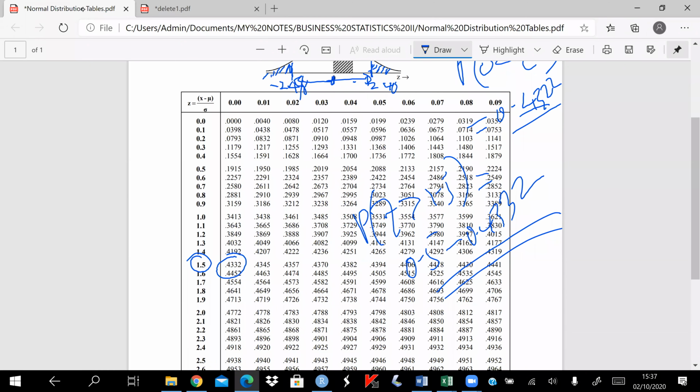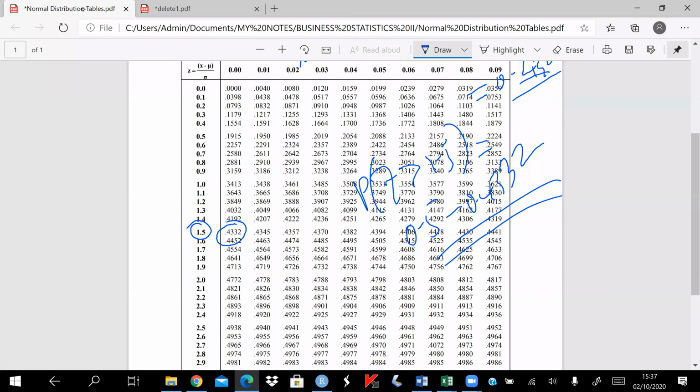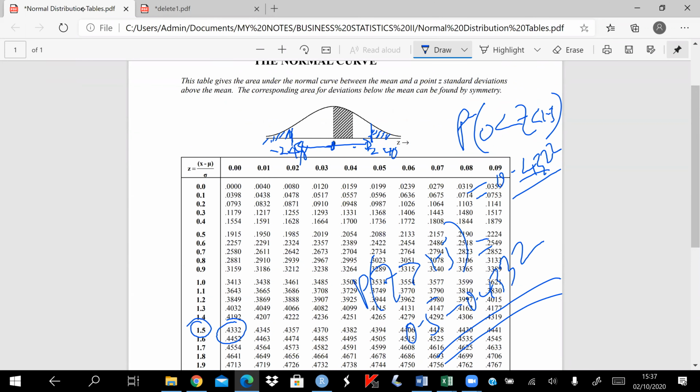So 2.48 is this much, which is 0.4934. The unshaded part from here up to here is that area. But my objective is to get this, so that will be 0.5 minus 0.4934.